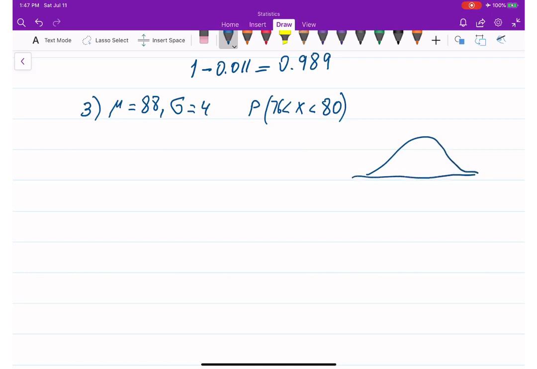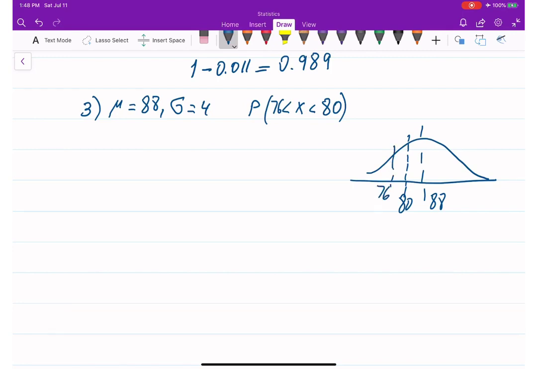Normal distribution. Okay, here is x. If this is my mean mu, 88, then this can be, let's say, 80, and this can be, let's say, 76.